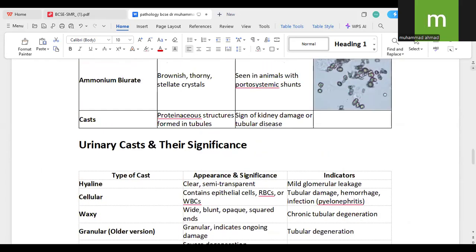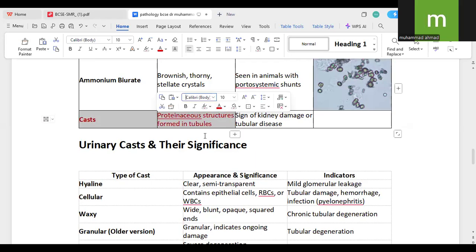What is the name of the proteinous structure found in the tubules? I will share later on. Anyone have an idea what is the name of the proteinous structure found in the tubules? They may ask the name. Let me check. Wait a second.